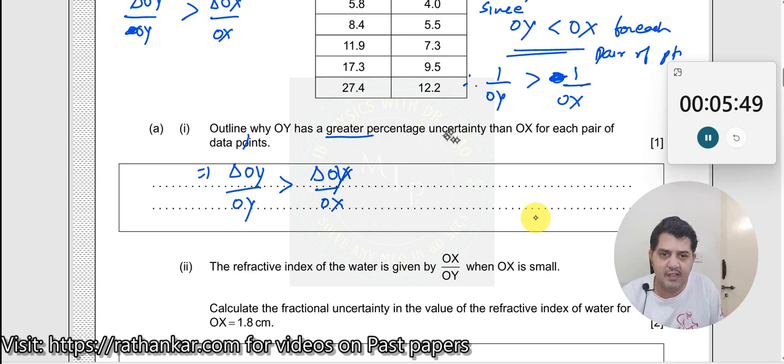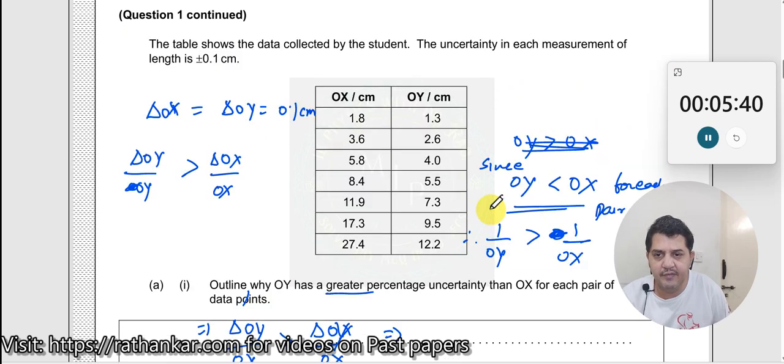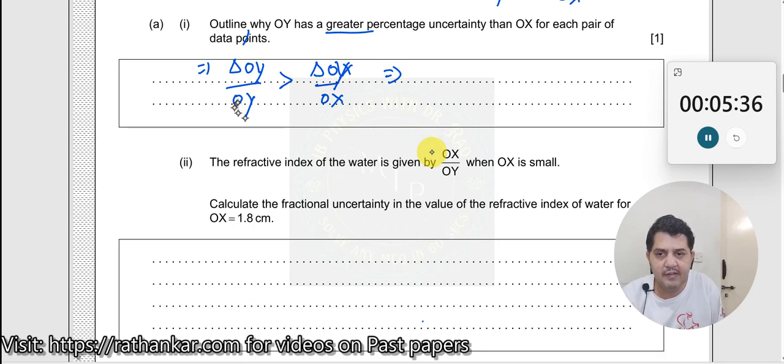I multiplied on both the sides on the numerator by delta OY. But we already know delta OY is equal to delta OX. It's already given to you. So I will substitute here and write delta OY divided by OY, I'll retain this, while this one I'll write as delta OX divided by OX. I replace delta OY by delta OX. That's it. So therefore we have already proved, and hence the result.